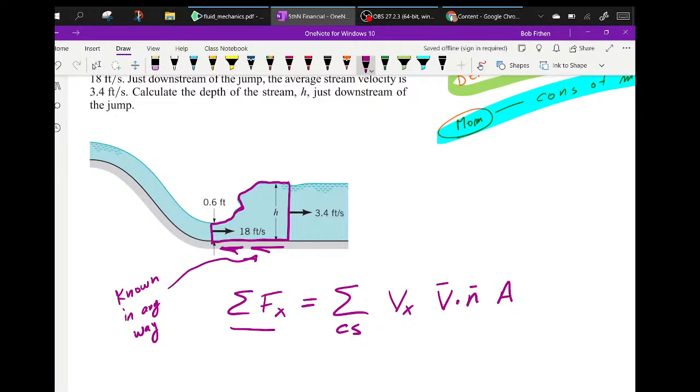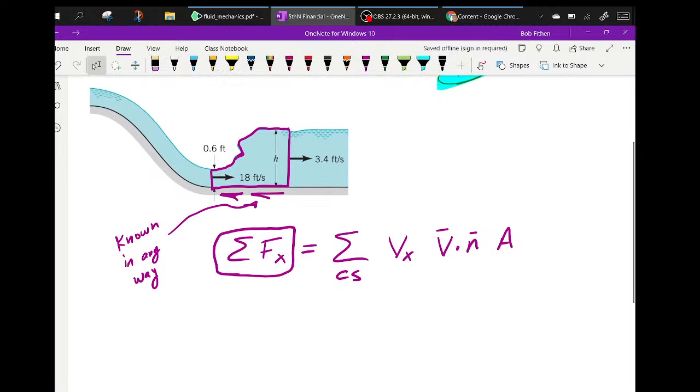So we're going to make the assumption here, and this is pretty standard assumption, is that these shear forces at the bottom retarding the motion of the fluid from left to right here are pretty much unknown. And then what we'll do is sum the forces, control surface. Now, what we're probably going to do is we're going to find something out that's a discrepancy here.